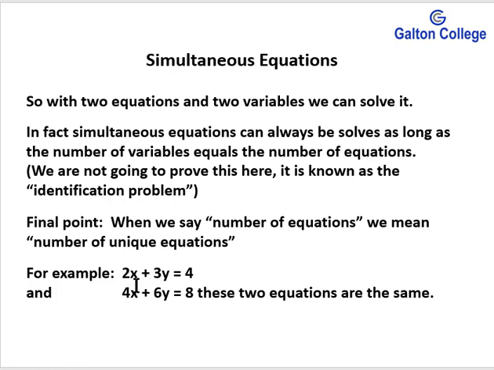So 2x plus 3y equals 4 is the same as 4x plus 6y equals 8. Just multiply by 2, or multiply it by 3 or 4, whatever you want. That equation is not uniquely different to this one, so it can't help us to solve the equation. It has to be different. It can't be just a multiple of the other one.